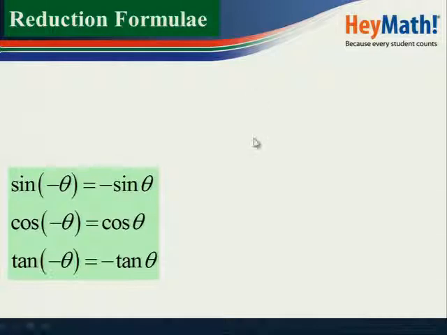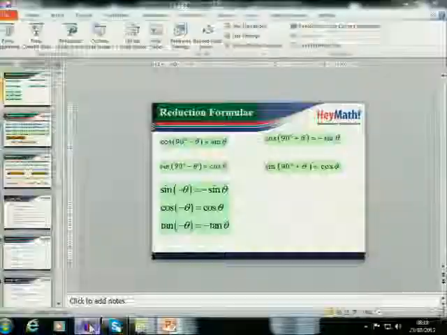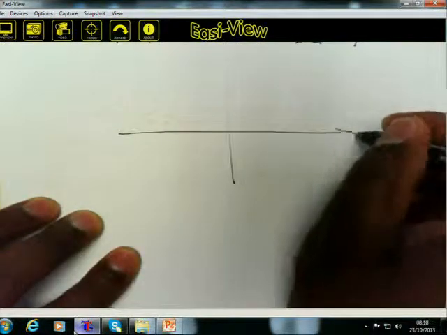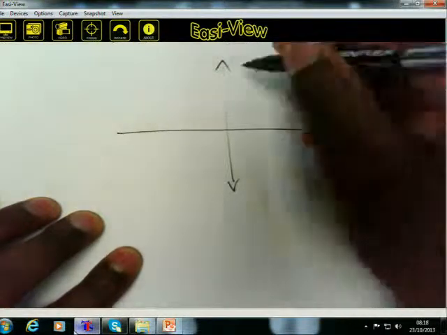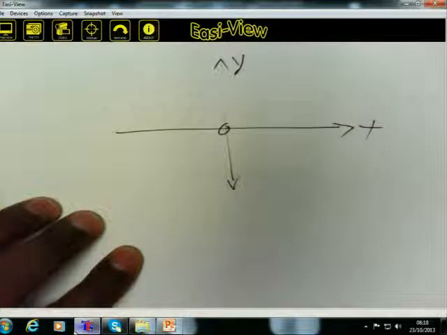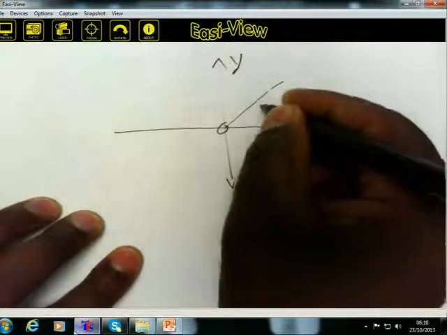Let me try and illustrate this. When talking of the negative angles, this is what I'm trying to explain to you. You've got your Cartesian plane, the system of axes, the xy plane, the origin there. Now if we measure an angle, let's say here is an angle measured in this direction.